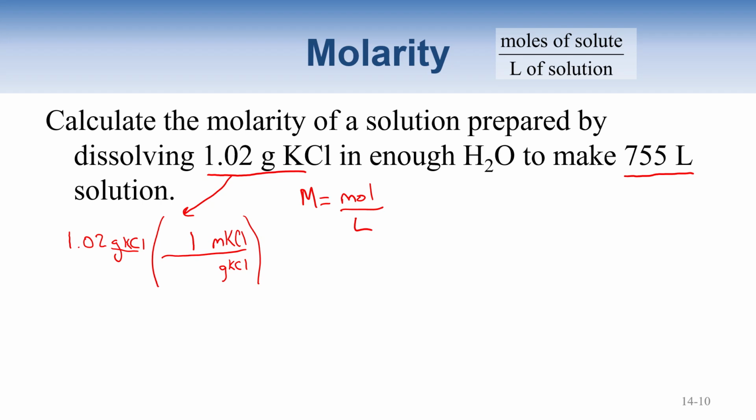So the mass of KCl, if we look at the periodic table: K, there's one of them, and the mass of K is 39.098. Cl, there's one of them, and we have 35.453.